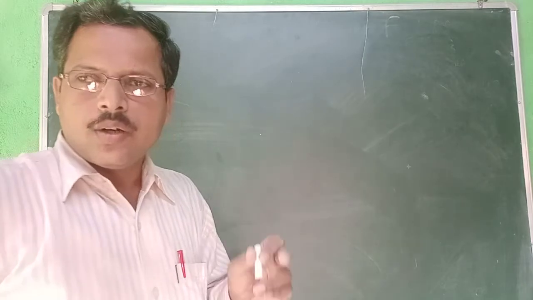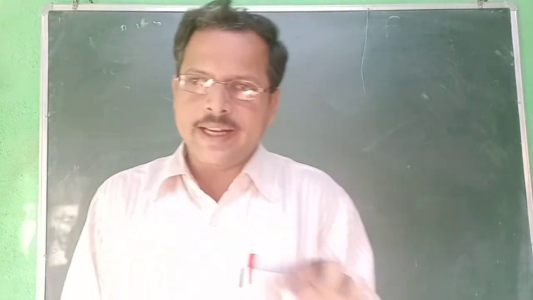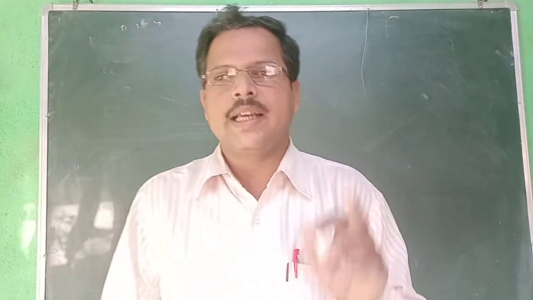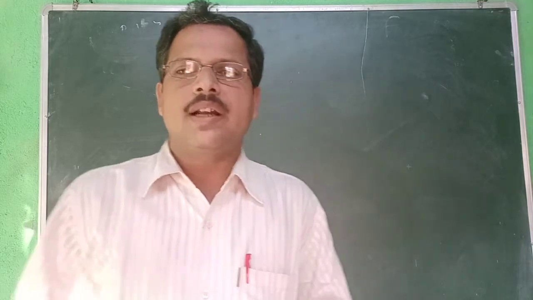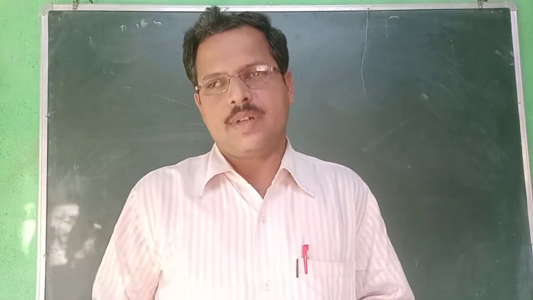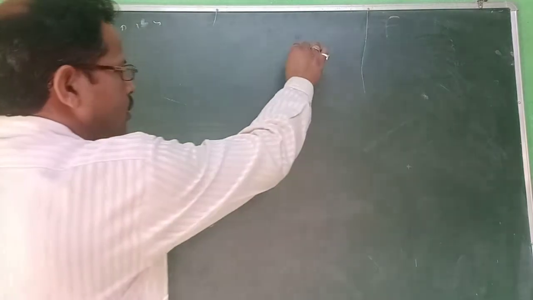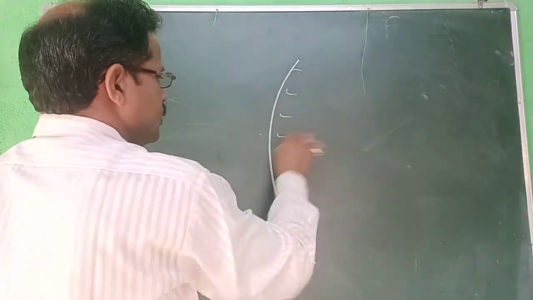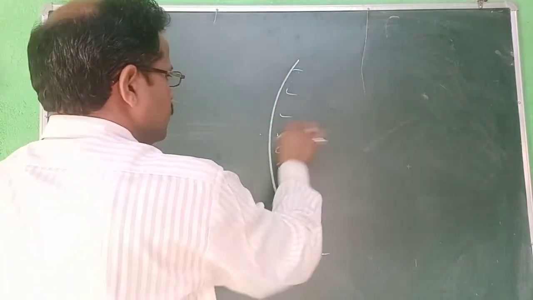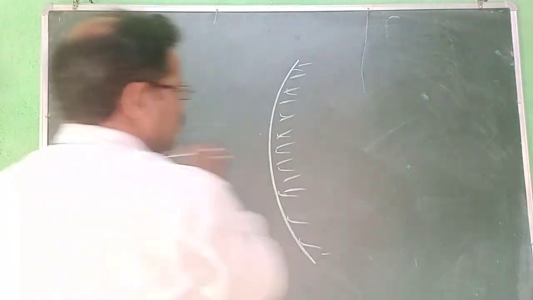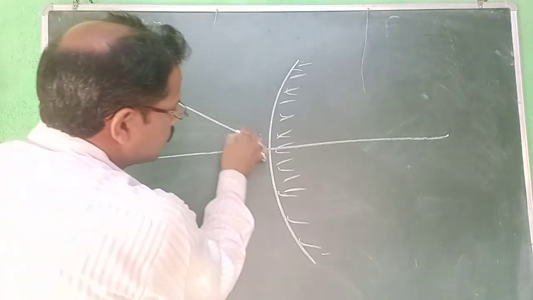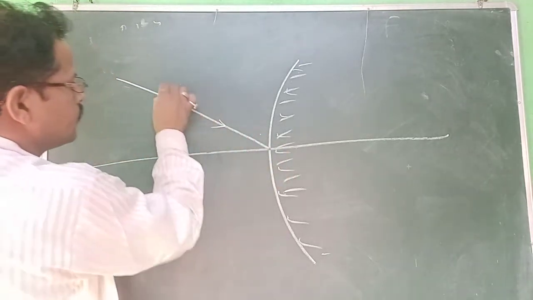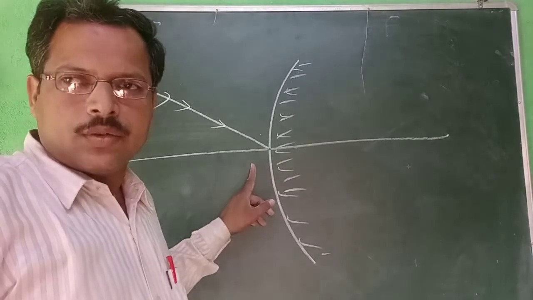What happens when a ray falls on the pole, making an incidence angle? Remember the law of reflection: the angle of incidence is equal to the angle of reflection. Okay, suppose this is a convex mirror, this is the principal focus, and a ray of light is falling on the pole. This will be the normal.